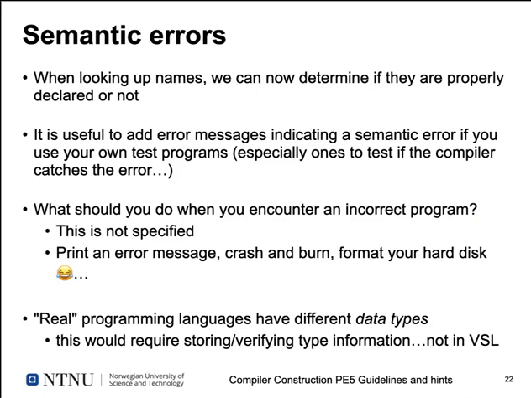And then it would obviously be useful in that stage of the compiler to add some error message indicating a semantic error, especially while our programs are hopefully semantically correct, but maybe you want to build some semantically incorrect test program, so declaring or forgetting to declare a variable that you use afterwards, for example. And that's pretty helpful, for example, to test if your compiler really catches the errors.